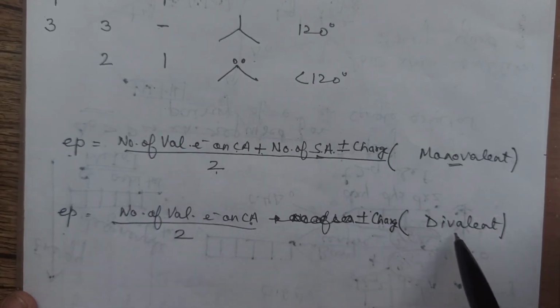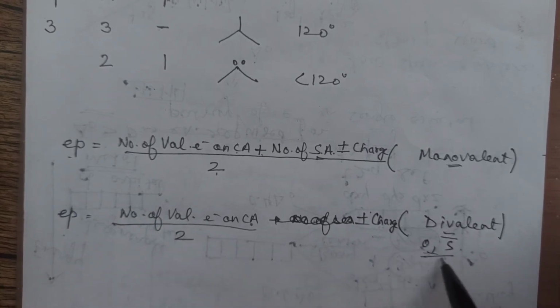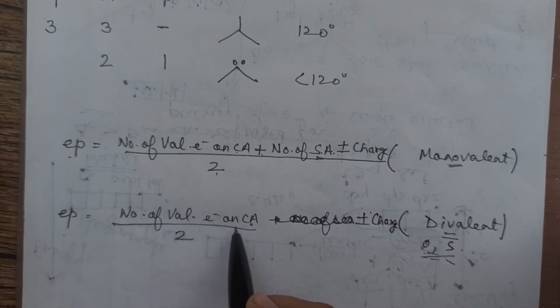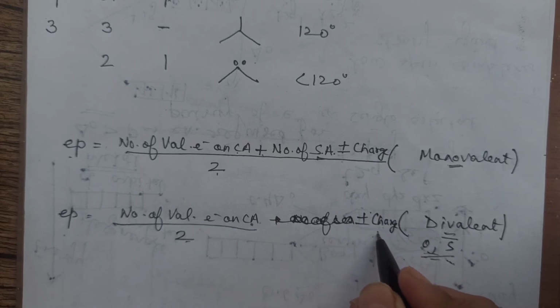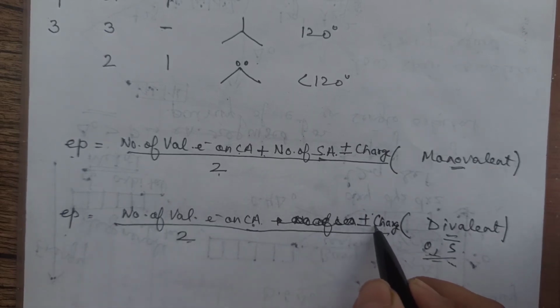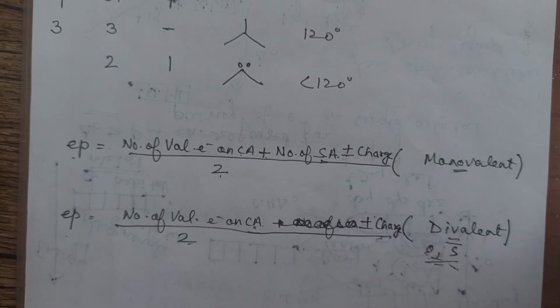If the surrounding atom is divalent, like oxygen or sulfur, most of the cases our purpose is solved with this: number of valence electrons on the central atom divided by 2, plus or minus charge if it is there, with the opposite sign of the charge. If the species is minus, plus; if it is plus, minus. Let us take examples and then apply.